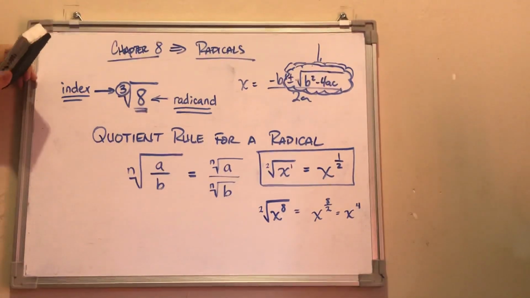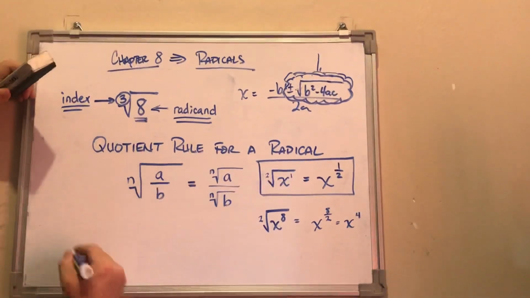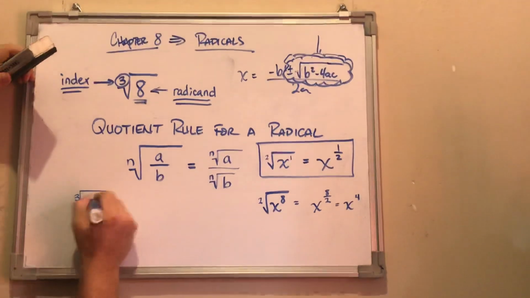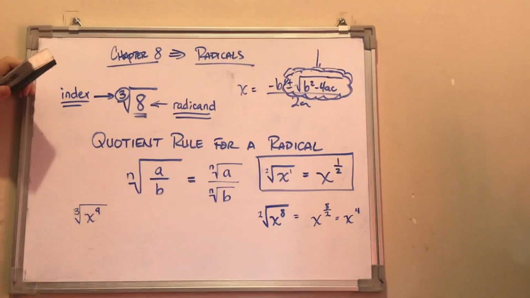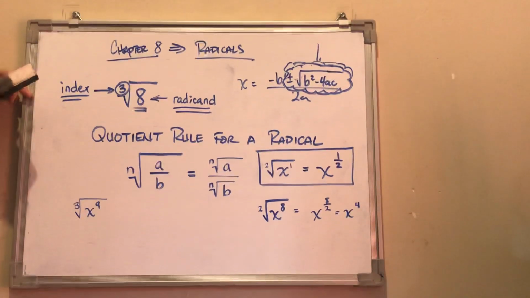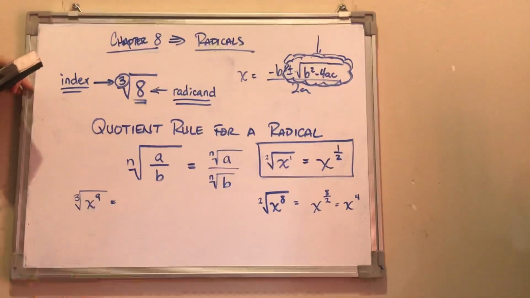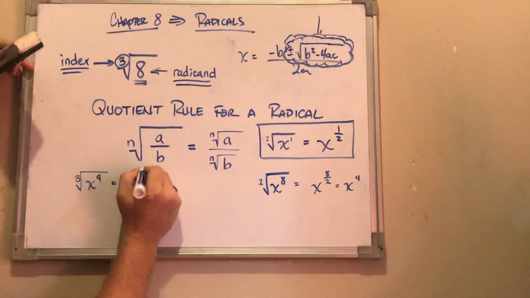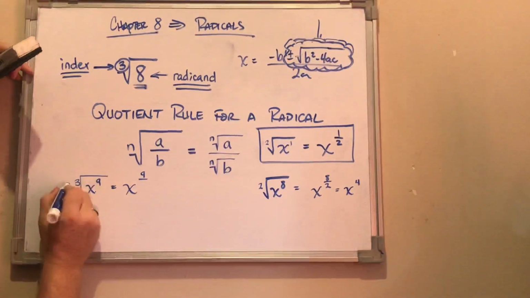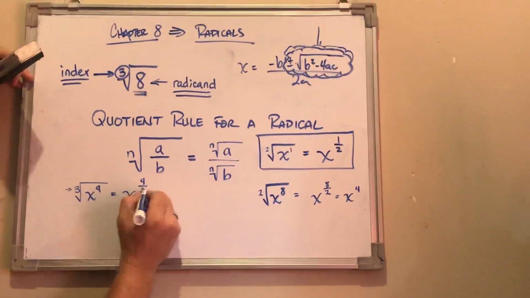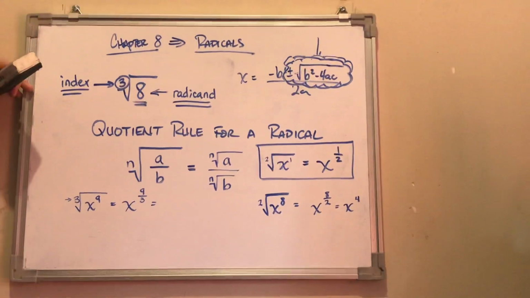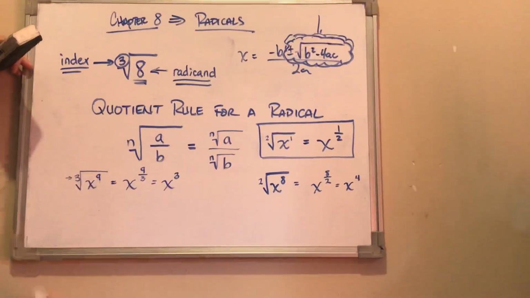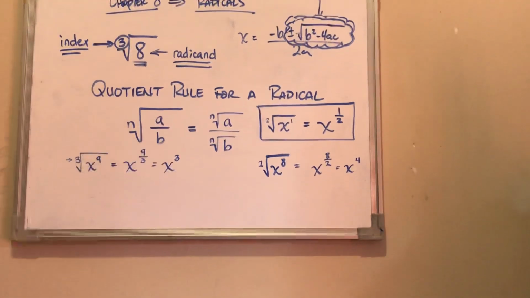If I had the cube root of x to the 9th, I can write that as x to the radicand's exponent, 9, over the index, 3, which equals x to the 3rd. 9 over 3 is 3.